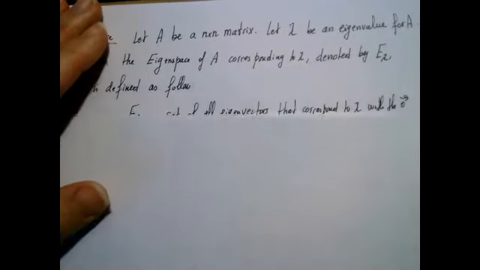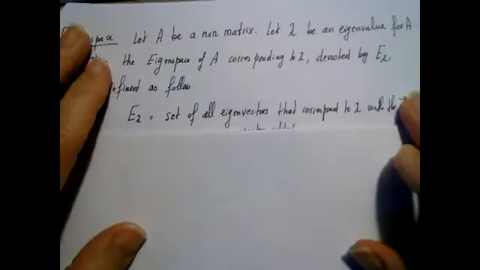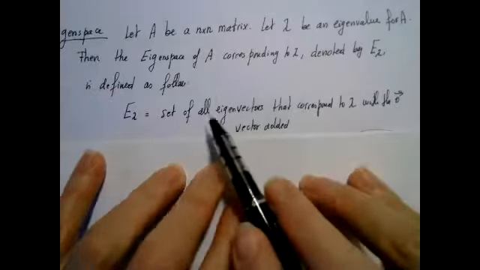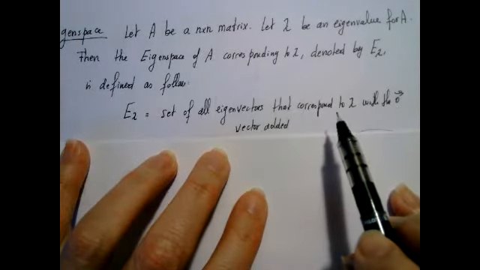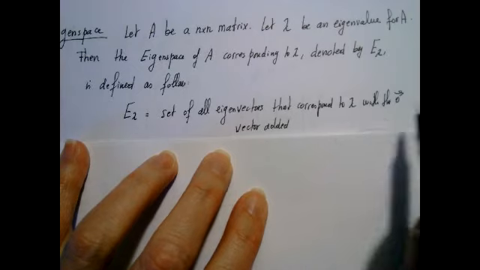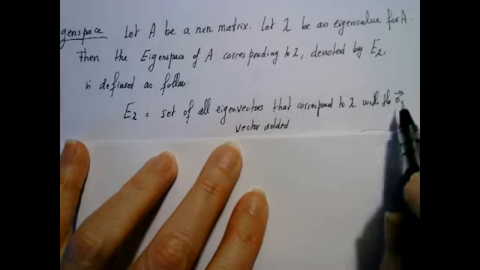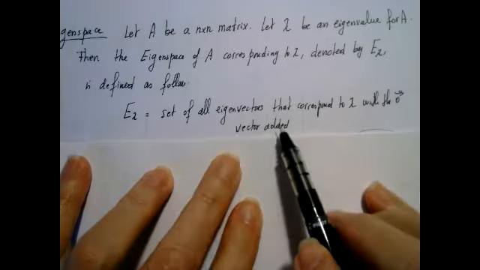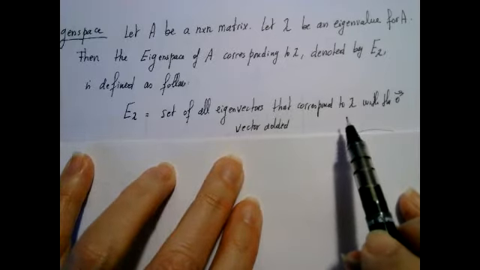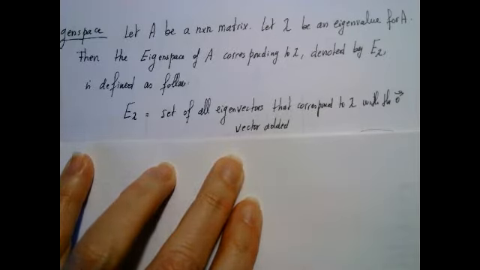E lambda is the set of all the eigenvectors that correspond to lambda, but we're going to tag to it the 0 vector because the 0 vector is not an eigenvector.